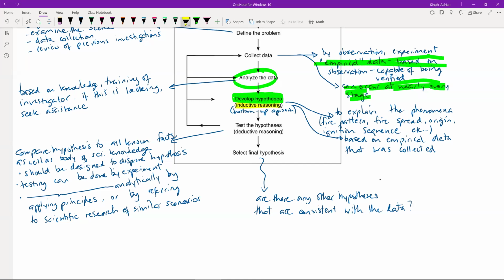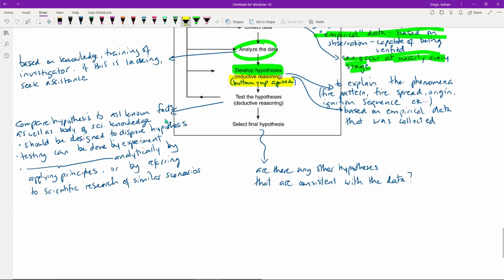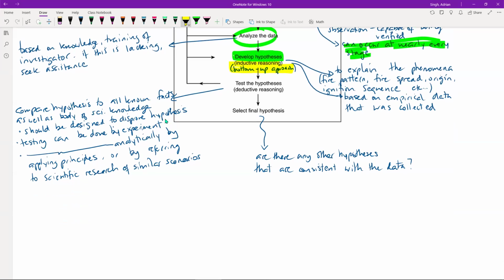Okay, so we're using the data to develop your hypotheses. Sometimes that's known as the bottom-up approach. So you're starting with the data, and then based on that, you're developing your hypotheses. What comes after is then testing the hypotheses, or hypothesis, singular, or hypotheses, plural, and that is known as deductive reasoning, where we try to now relate a couple different things to each other.